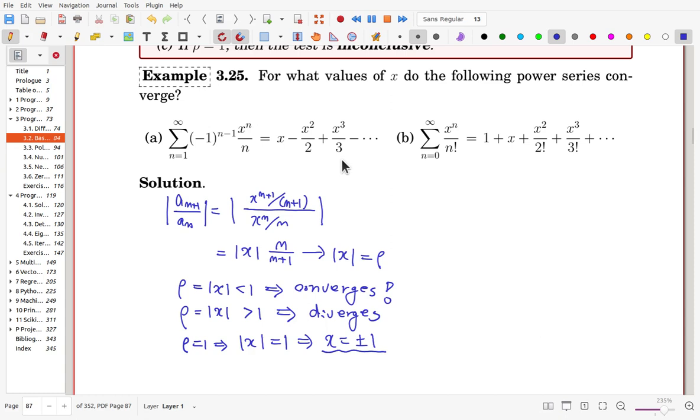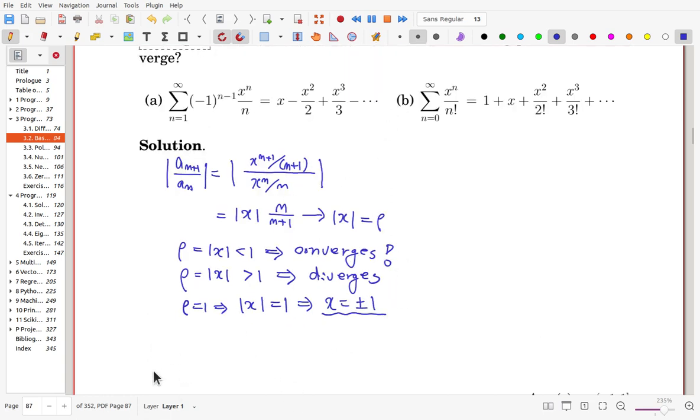So we may try to use some basic technique to decide if it is convergent. The first case is x equal to 1. Then the series becomes 1 minus 1/2 plus 1/3 minus 1/4 and so on, plugging 1 in.